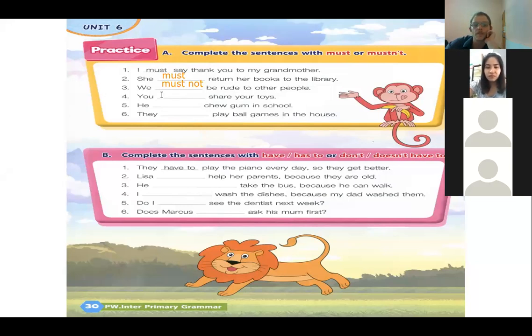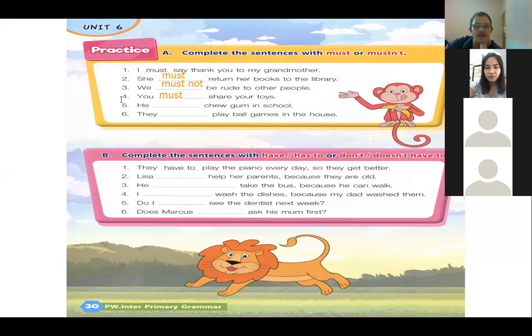Must. Yes, sometimes we must share our toys, but sometimes we don't have to. But in this case, we must share our toys.